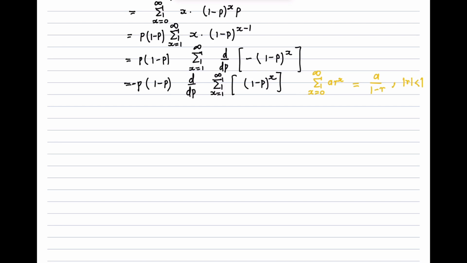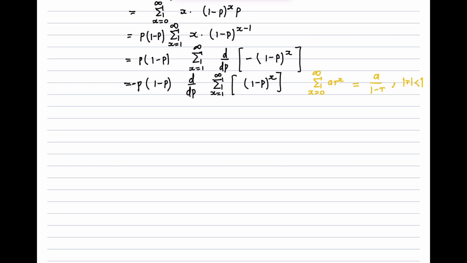Now, this is the expression that I'm trying to achieve in this part here, and we're so close to it. Your value of a here is just 1, and your value of r is this factor of 1 minus p. Problem is, our terminal here is not 0, it is 1.